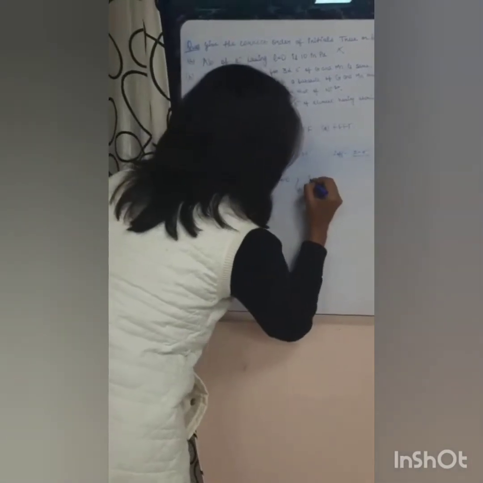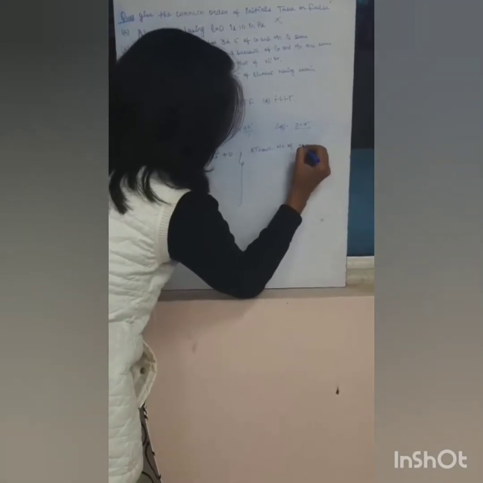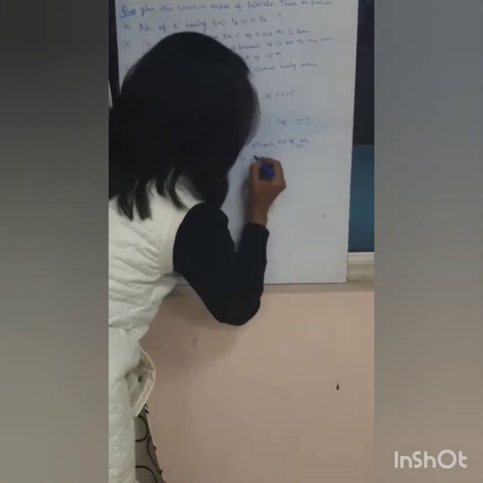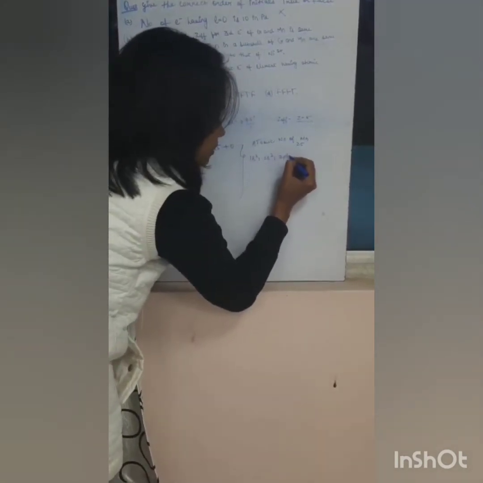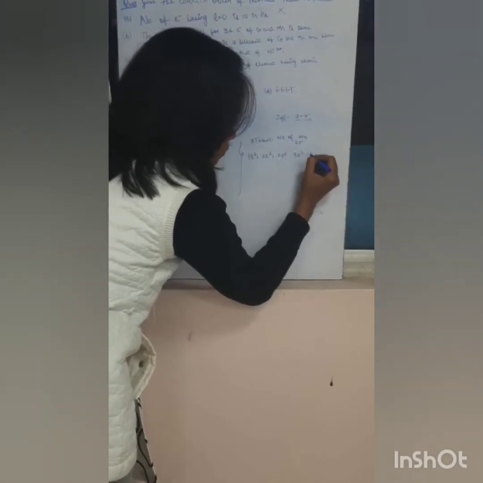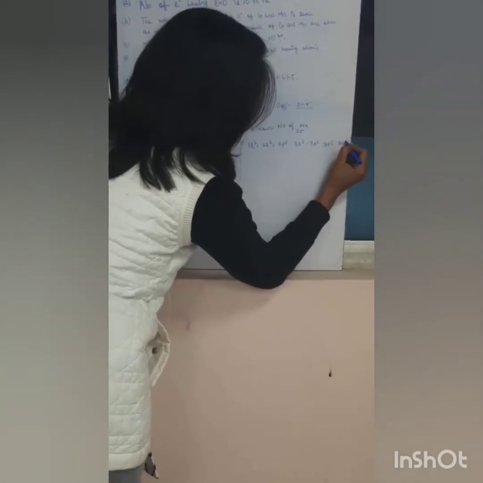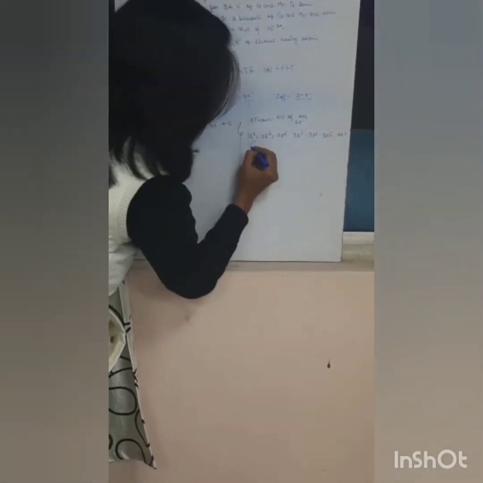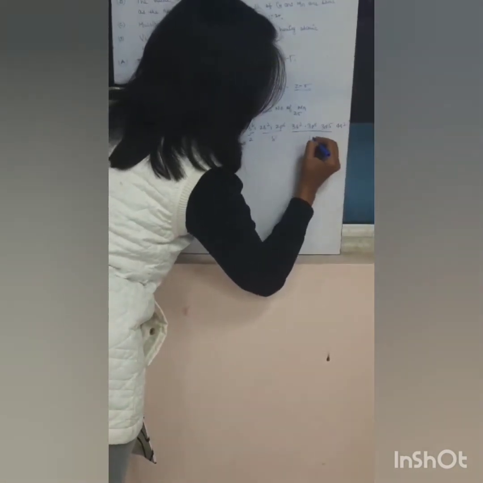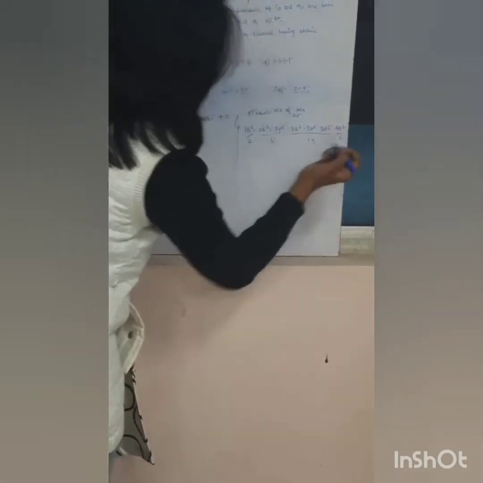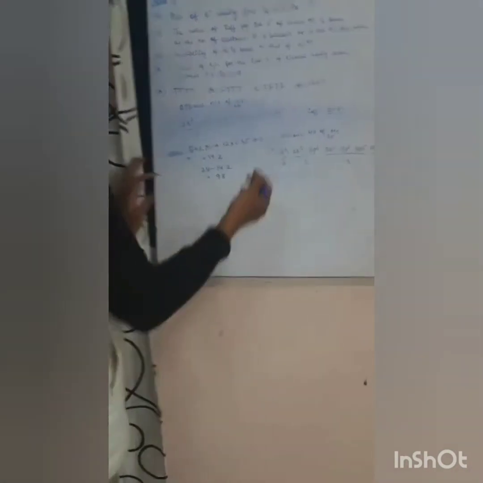Similarly we have to do it for Mn as well. The atomic number of Mn is 25. The electronic configuration will be 1s2, 2s2, 2p6, 3s2, 3p6, 3d5 and 4s2. So this is 2, this is 8, this is 13 and this is 2. The formula and the process will be the same.